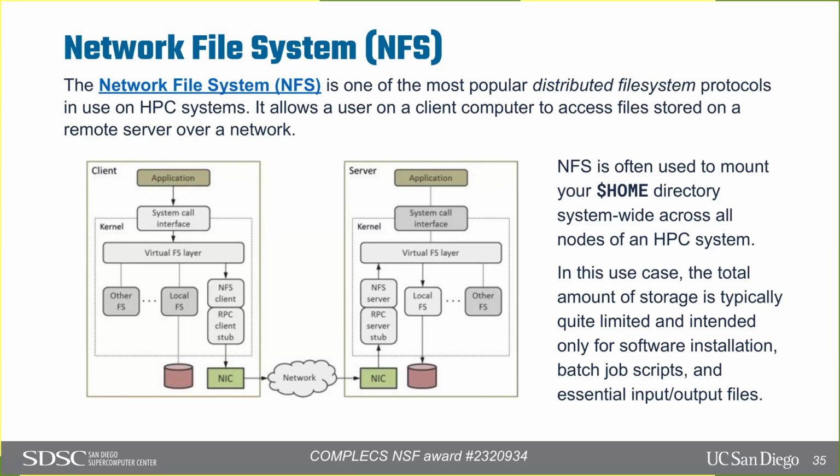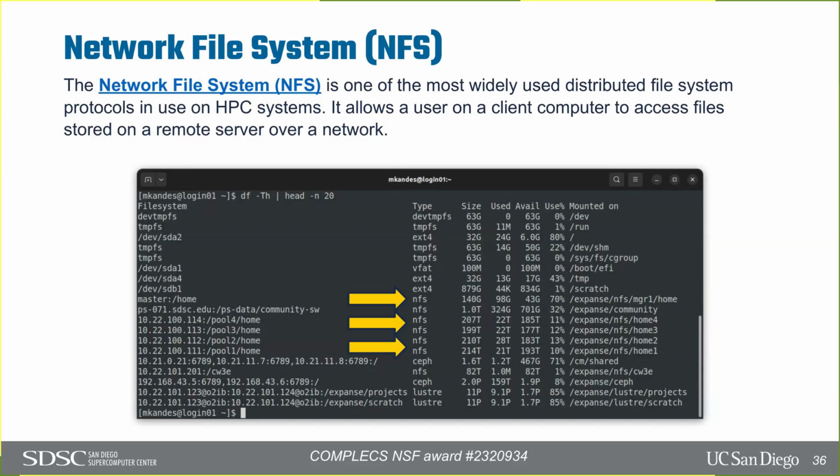So this really is the most common, most popular distributed file system you'll see, and it's mostly used as your home directory on a lot of systems. This is the kind of file system to learn about if you're working on an HPC system. You can see here on Expanse, all the home servers are NFS.